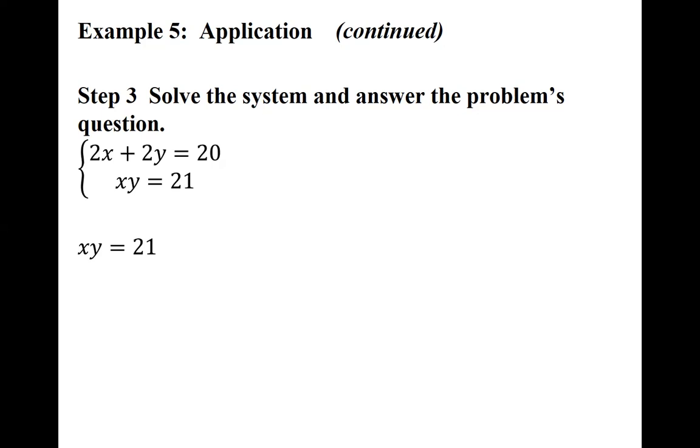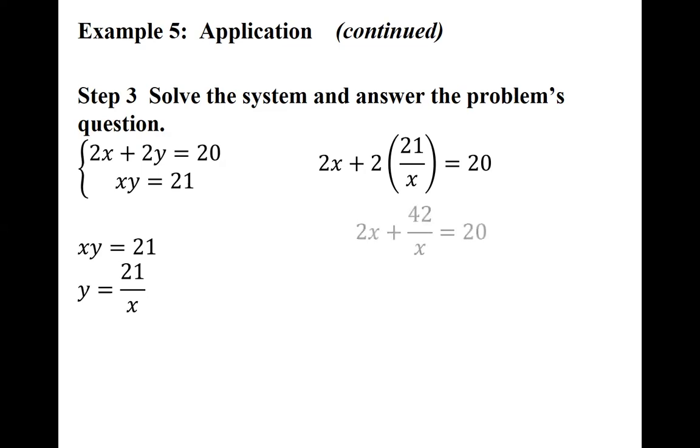Solving for y, dividing both sides by x gives us y equals 21 over x. Let's plug that into the other equation. So 2x plus 2y becomes 2x plus 2 times 21 over x. That's 2x plus 42 over x equals 20.